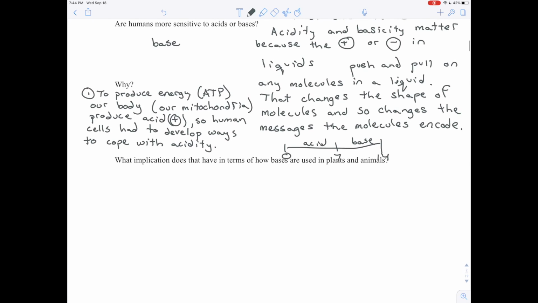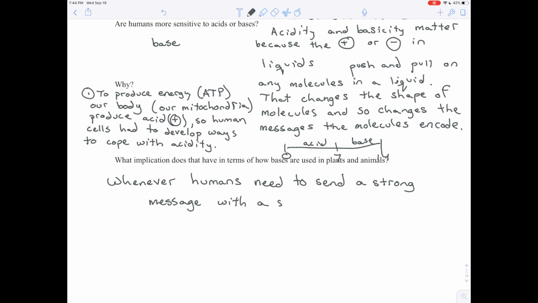And the implication of that is that whenever humans, and in general animals, need to send a potent or a strong message with a small amount of a compound, they'll use bases.